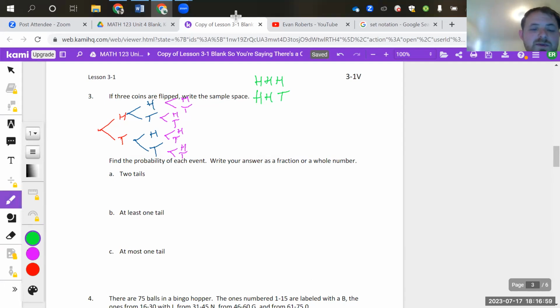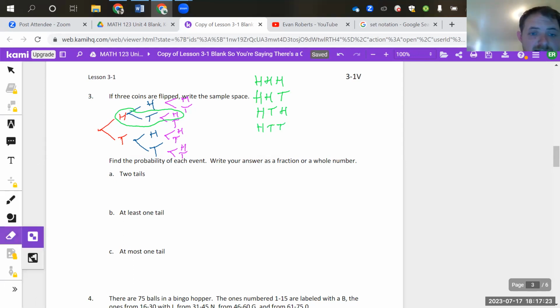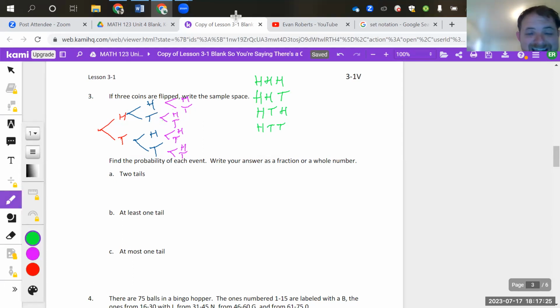Since I'm done with that top purple tree, I'm going to move down to the blue, the first blue tail. I'm still on my red head, and it looks like I've got head, tail, head. Then if I went down one more, I would have head, tail, tail. And that would put me at the end of the first red head scenario.